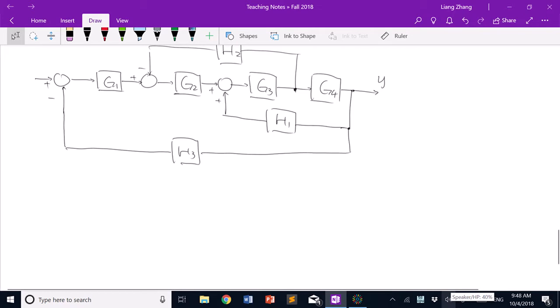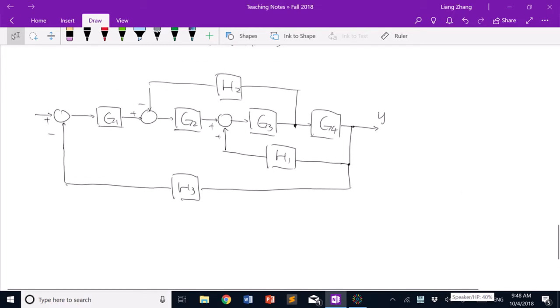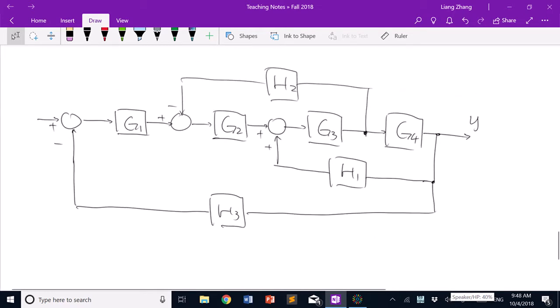So this is the example we showed earlier in our Tuesday's class. We have the reference input on the left-hand side, our R signal, and we have our Y signal, the output, on the right-hand side. And we have a total of 7 subsystems within.